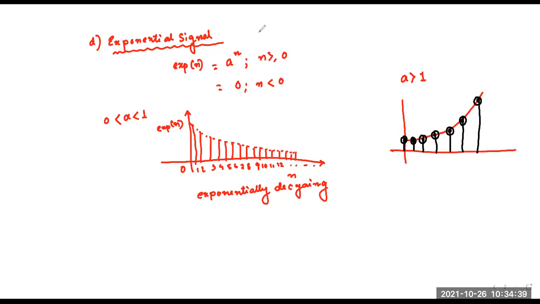So like this it will happen. This side is n, this side is exp(n). This is 0, 1, 3, 4, 5. So this is the exponentially rising signal. So these are the two exponential signals.